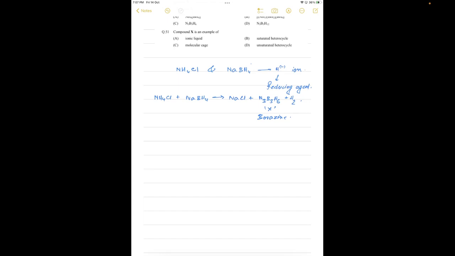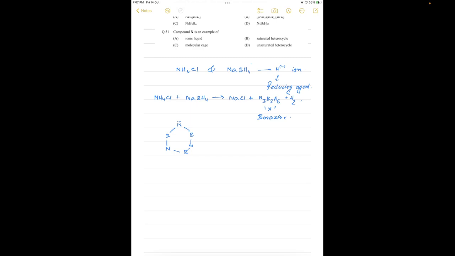Now there are some important properties of borazine. If you write down the structure of borazine, it will look like this. So it is a heterocycle with alternating nitrogen and boron atoms, and we know the nitrogen atom has a lone pair, and the boron atom has an empty pz orbital.